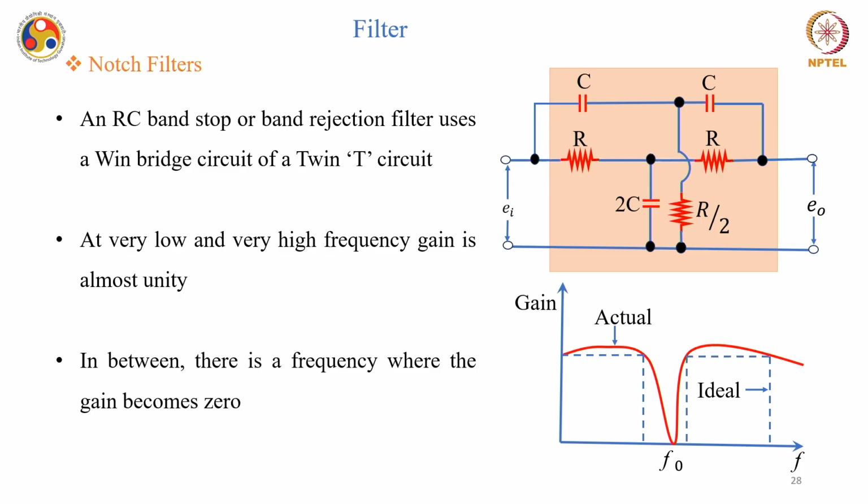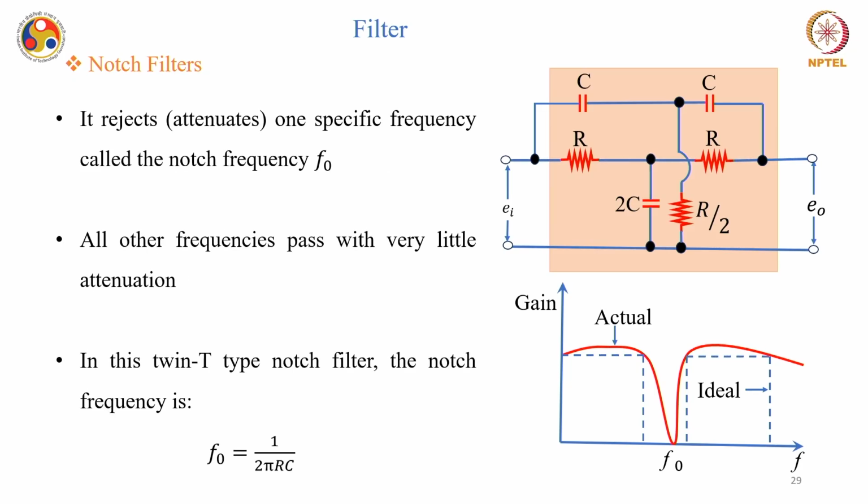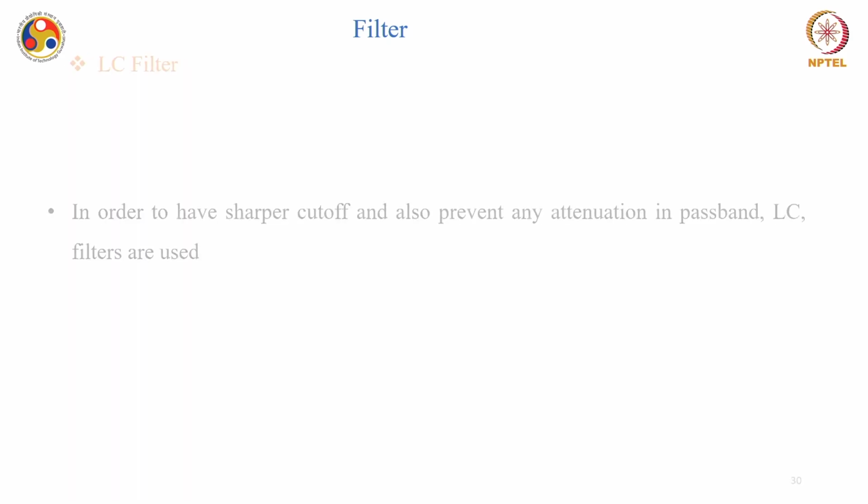At very low and very high frequency, gain is almost unity, and in between there is a frequency where gain becomes 0. So it rejects or attenuates one specific frequency called the notch frequency f naught, and all other frequencies pass with very little attenuation. In this twin-T type of notch filter, the notch frequency is f naught equal to 1 by 2 pi RC.